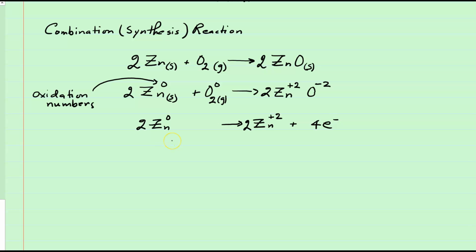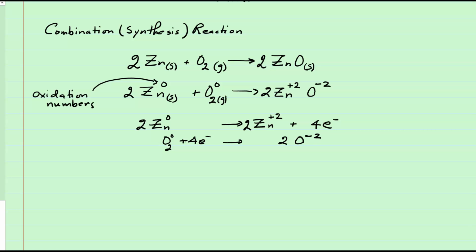Now the oxygen, or each oxygen atom inside a molecule of oxygen gas, has a 0 charge. But now what we have is 2 sets of oxygen ions attached to a zinc to form the zinc oxide. So in order for the 2 negative sets here, so we have 2 times -2, there's a total of -4 on this side. That means we have to have 4 electrons that are picked up on this side.